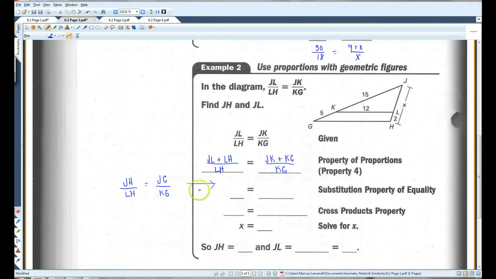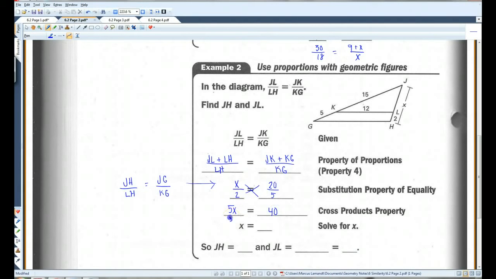Okay? I know that JH is x. And LH is 2. JK plus KH, that's 15 plus 5, which is 20. And KH is 5. So from here, I'm going to cross multiply. I got 5x equals 40.